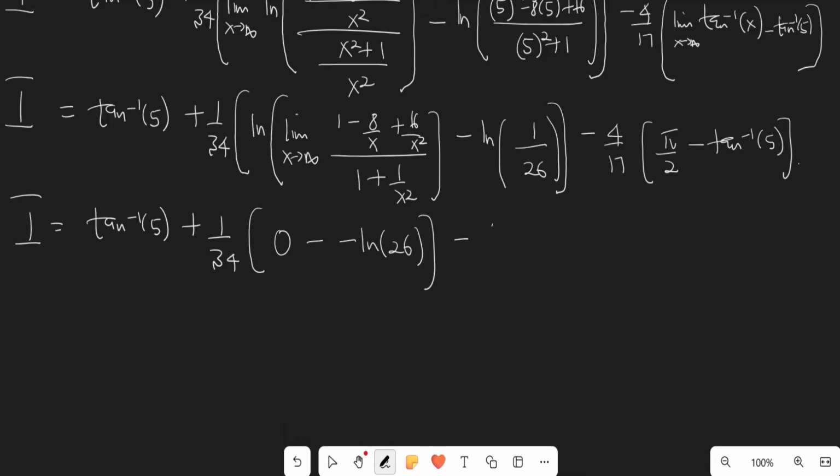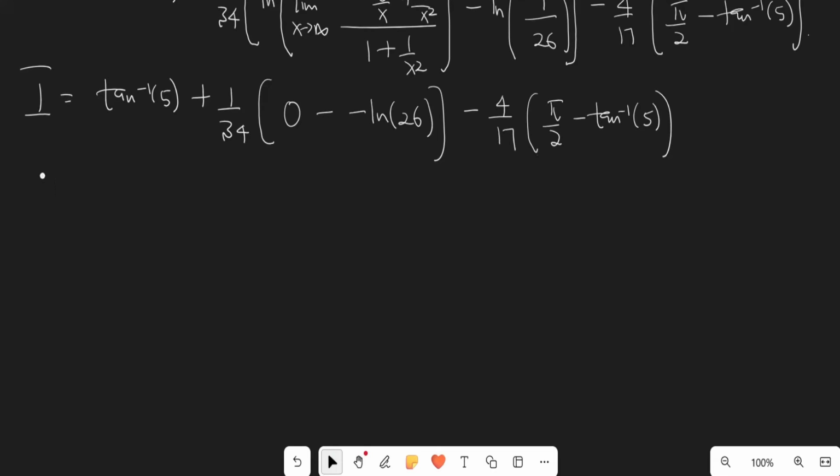And now minus 4 over 17, and this is multiplied by pi over 2 minus the tan inverse of 5, like this. Cool. I is going to be equal to the tan inverse of 5, and now this negative, that's positive, right?